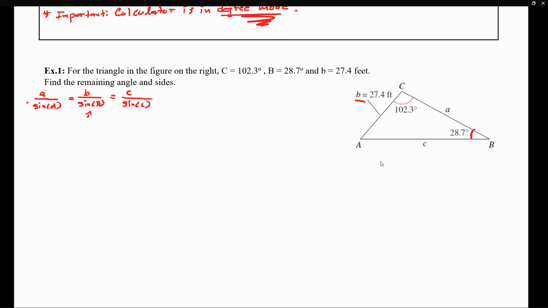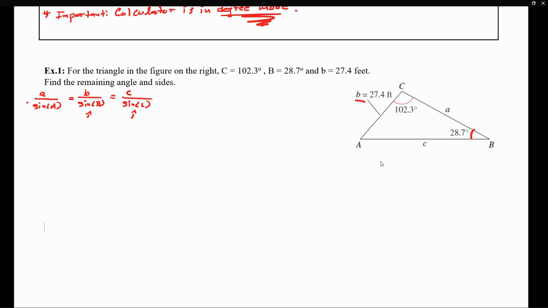But now notice that I also know angle C. So I can definitely find the sine of C. And if I set it up correctly, out of these four pieces, I know three. I know B, I know sine of B, I know sine of C, and I don't know C, which is one of the unknowns. So even though you have three ratios that are equivalent to each other under the law of sine, you only want to use two.